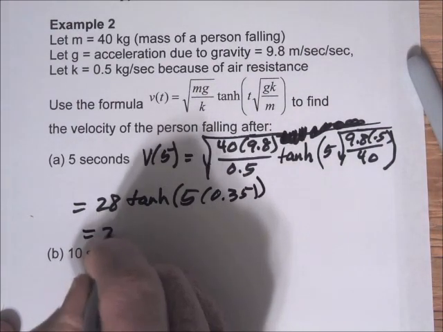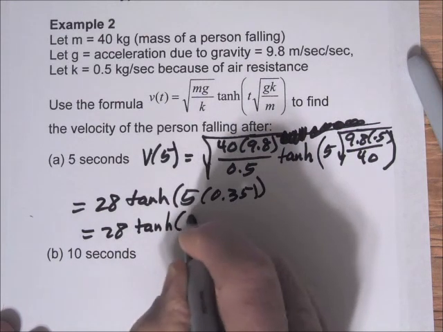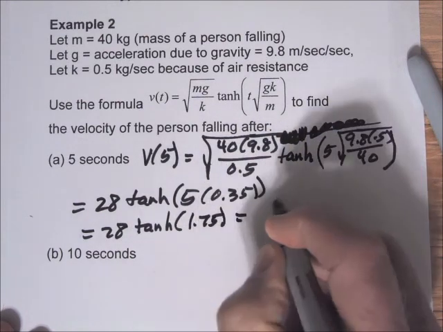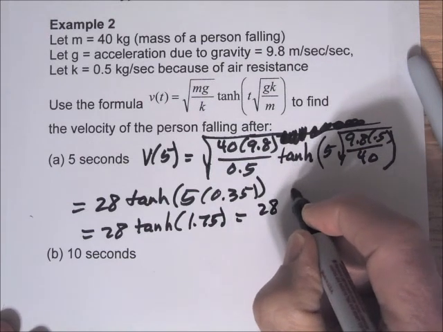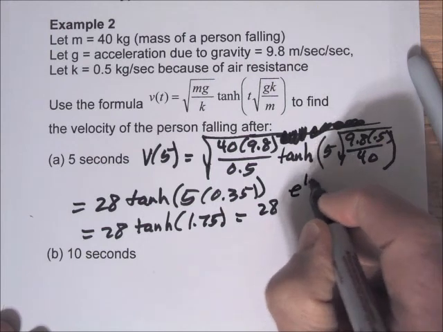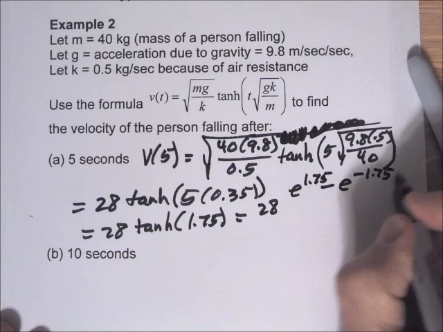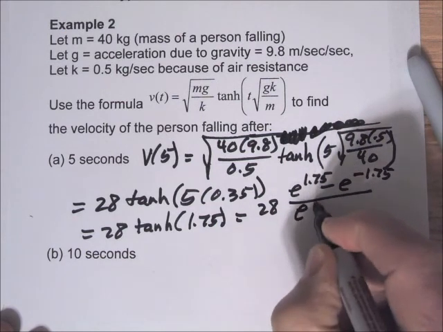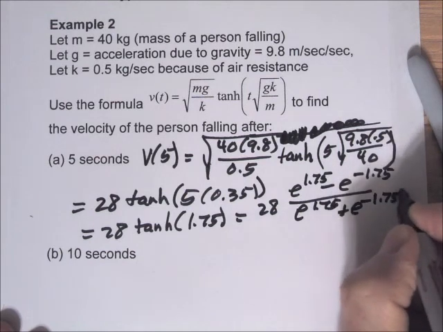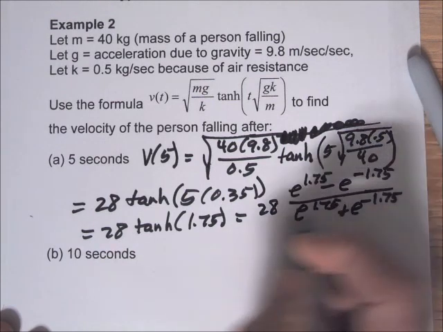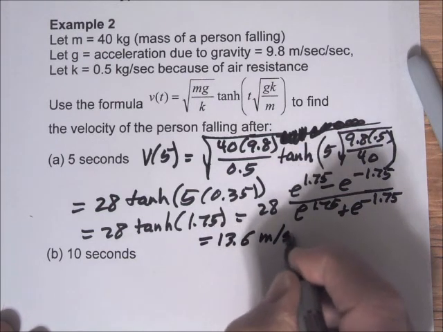So it's going to be 28 times the hyperbolic tangent of 1.75. The formula for hyperbolic tangent is e to the 1.75 minus e to the minus 1.75 over e to the 1.75 plus e to the minus 1.75. If you put that into the calculator, it comes out to be about 13.6 meters per second.